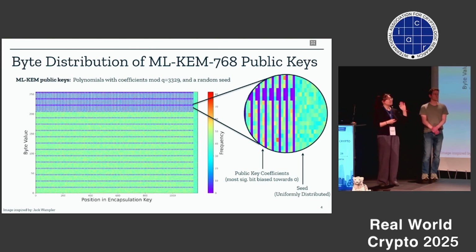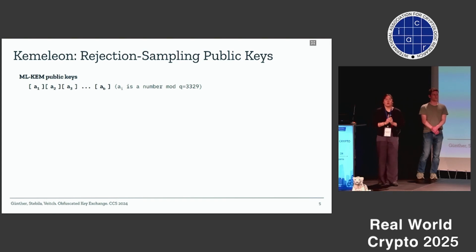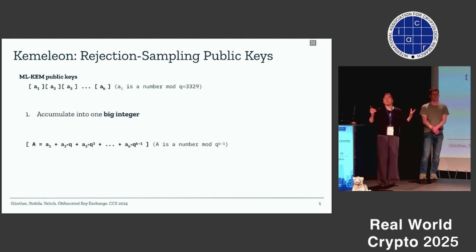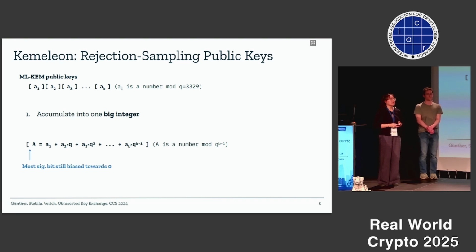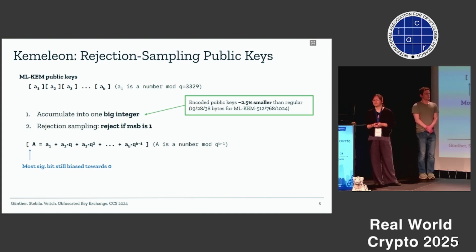What's happening here is that because q is not a power of 2, the most significant bit of the coefficients in the public key is slightly biased towards 0, meaning that these higher byte values don't occur. So how does the Kemeleon encoding handle this? We basically accumulate this into one big integer. Now, only the most significant bit is biased towards 0, but we can just do rejection sampling on this bit if it's equal to 1.